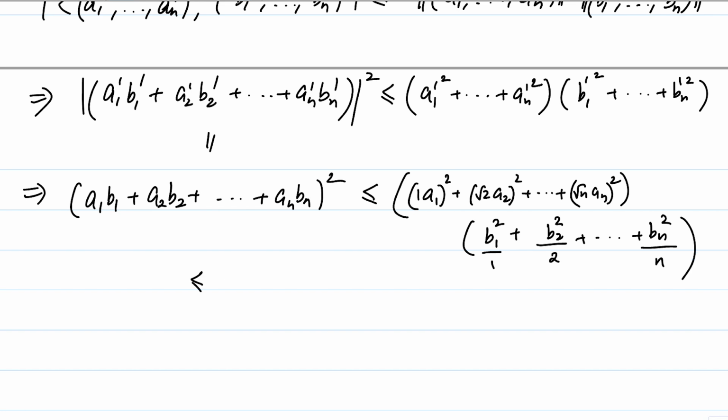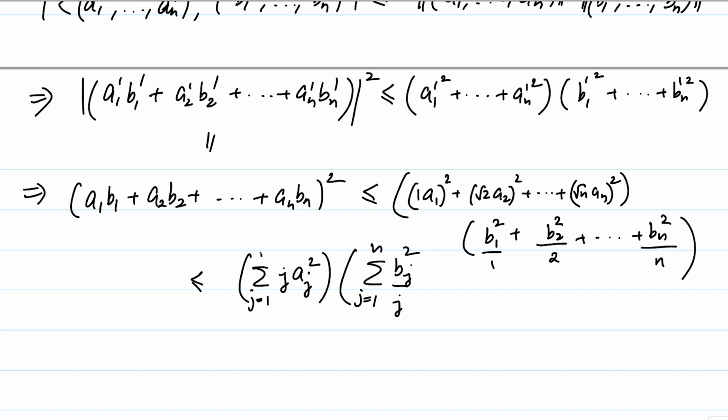So this is less than or equal to, the RHS is now just summation aj square times summation bj square by j, where j goes from 1 to n. And that's precisely what we had set out to prove.